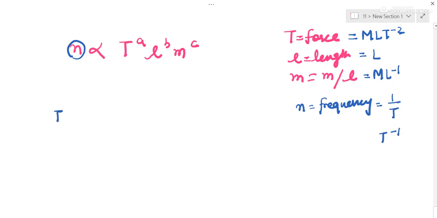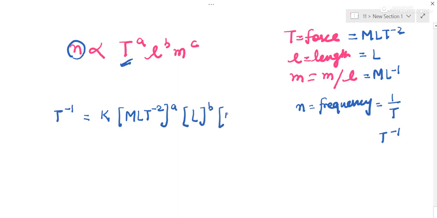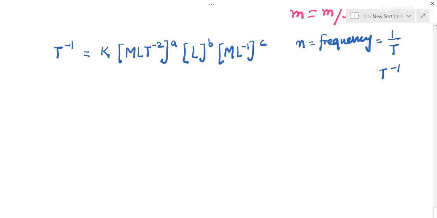So we'll substitute here T minus 1 is equal to some constant. This is force, this is not time period, this is force. So MLT minus 2 to power a, length to power b, and this is mass upon length, ML minus 1 to power c. Simply open the bracket.